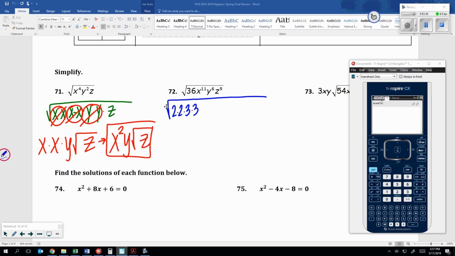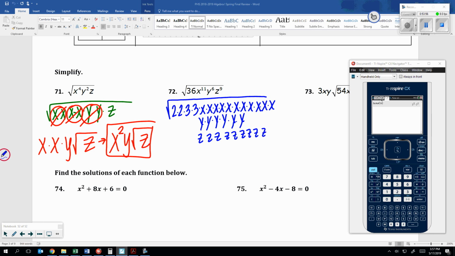Then I have 11 x's: 1, 2, 3, 4, 5, 6. I have 6 y's: 1, 2, 3, 4, 5, 6, and I have 9 z's: 2, 3, 4, 5, 6, 7, 8, 9.